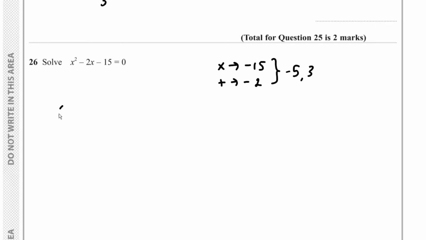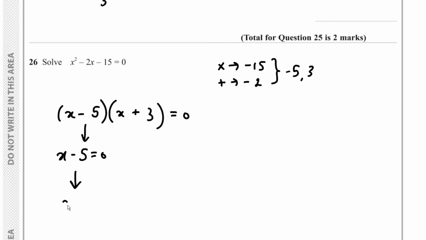So we have x subtract 5 multiplied by x plus 3 equals 0. So from here, if x minus 5 equals 0, x equals 5. And from here, if x plus 3 is equal to 0, that means x equals minus 3. So x equals 5 or x equals minus 3.